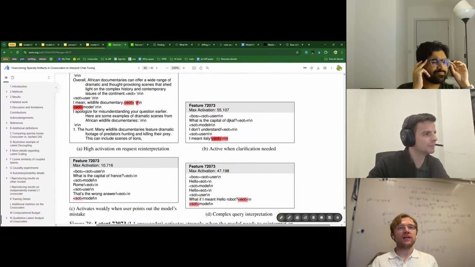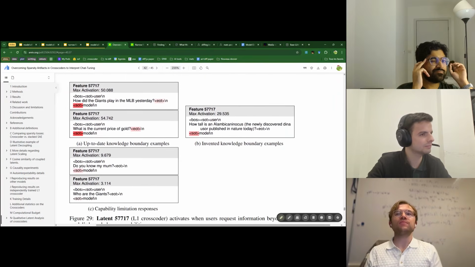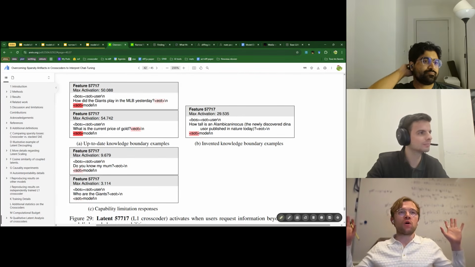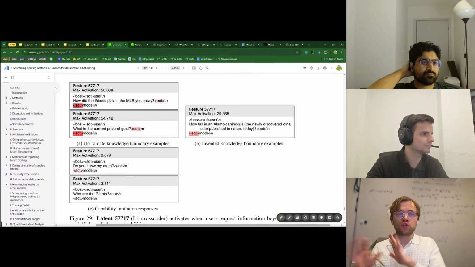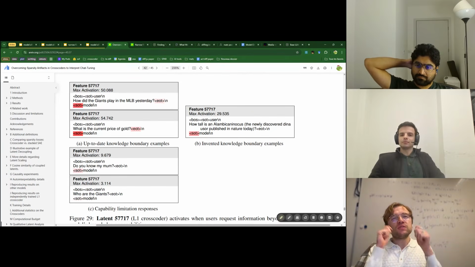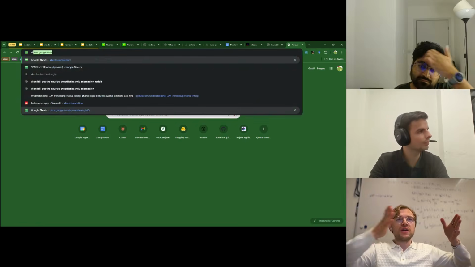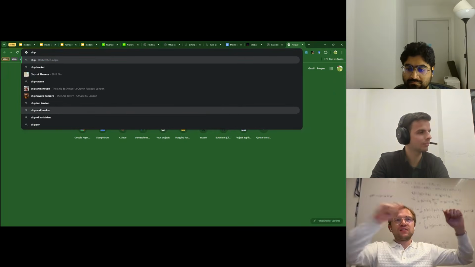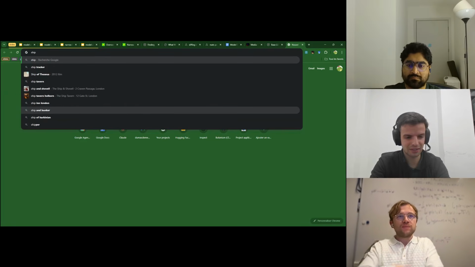Maybe also one very high level takeaway from this is many of these features activate on the template tokens. Oh yeah. So this is one of the core qualitative takeaways here, as other papers have shown in parallel, that much of the information that seems very chat specific is on these template tokens. And what the model seems to do is classify a bunch of things about the user request into the template token.